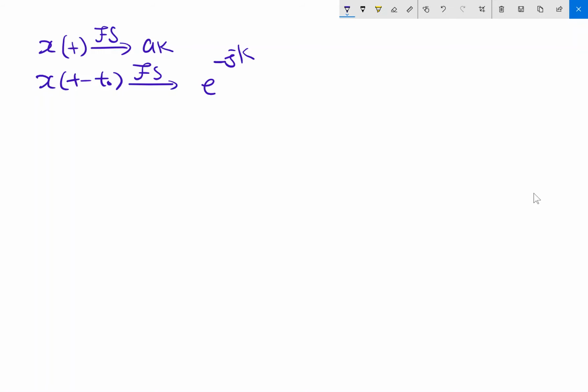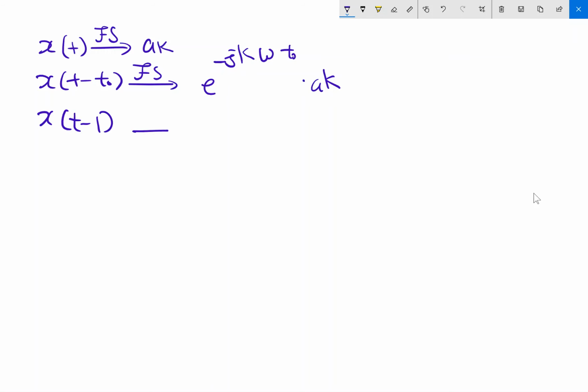Let's do this. On the table, you have the time shift property. If you have xt and its Fourier series is ak, then the Fourier series of xt minus t0 becomes e to the power of minus j k omega, where omega is the fundamental frequency, t0 times ak. This t0 is the shift. So we can use that and plug in 1 and minus 1.